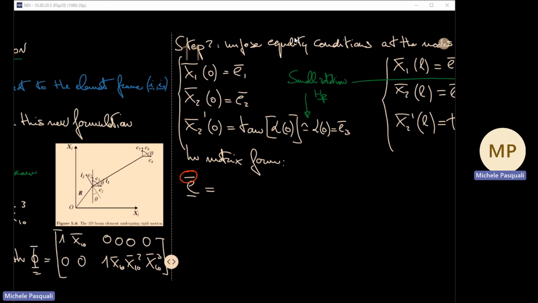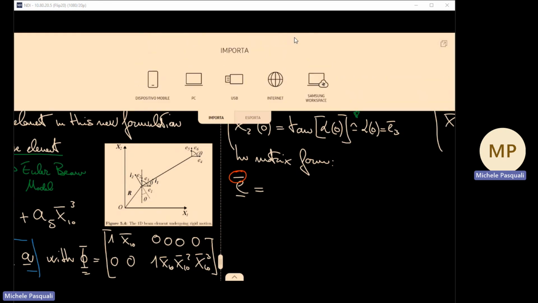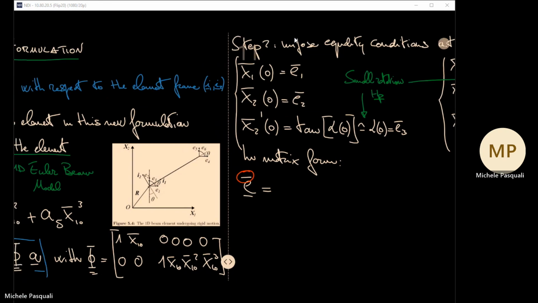Let me see, I made a mistake here, because this is not the right picture. If you check here, E1, E2, E3 are all oriented along the inertial directions, while now we have said that the nodal quantities should be aligned with respect to the element frame. So this is not the correct picture. Not sure if I have the correct one here. Otherwise, I can correct it.